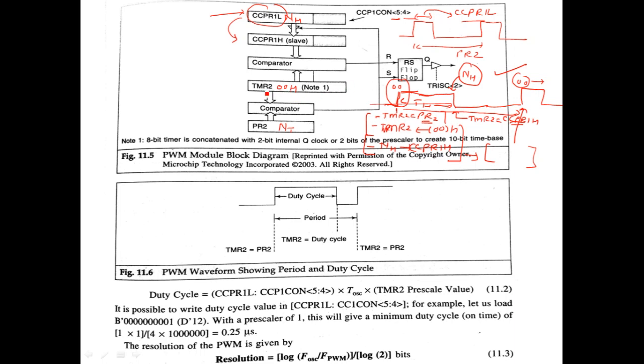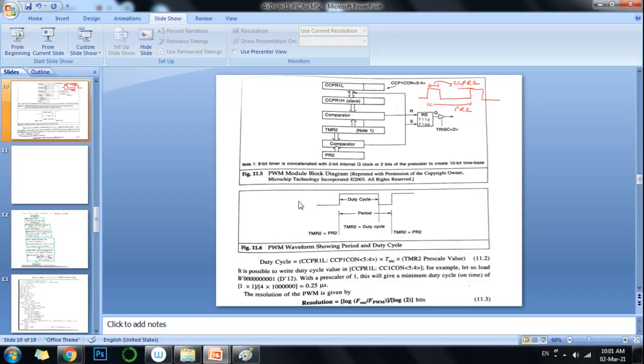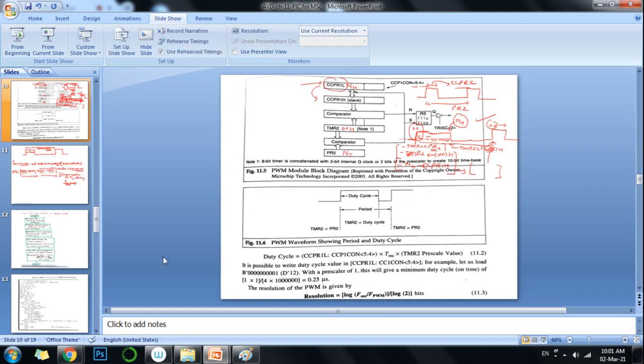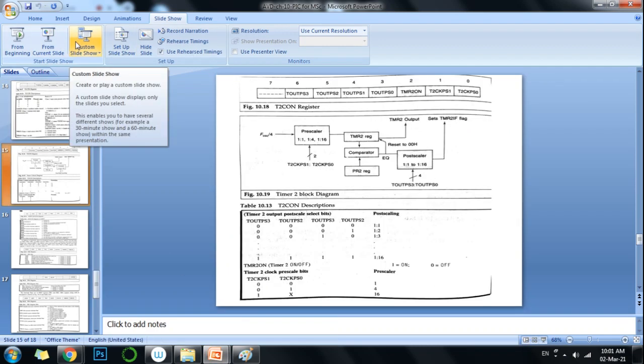You know, this timer 2 has a prescaler. So if you consider timer 2, this is the timer 2 register or the functional block diagram.